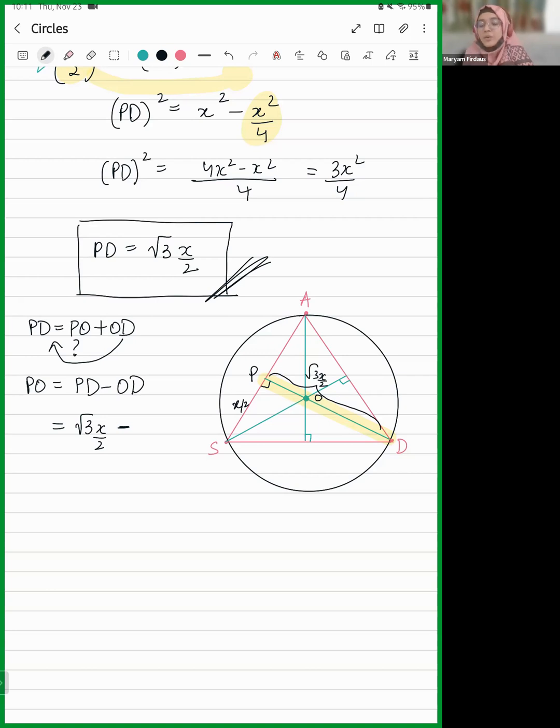You had just now told me. Abdul Jabbar, how much is OD? Radius, right? Yes, and that is 20. Okay, so PO is equal to this much.